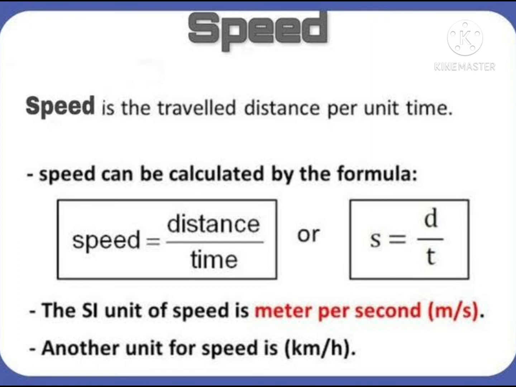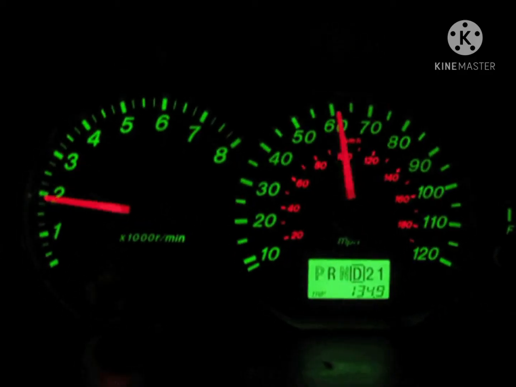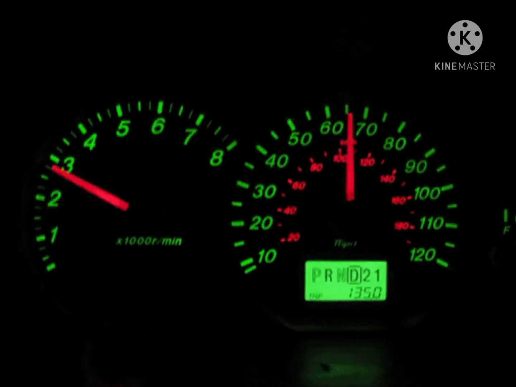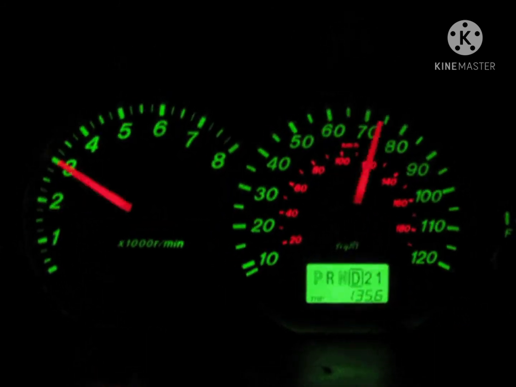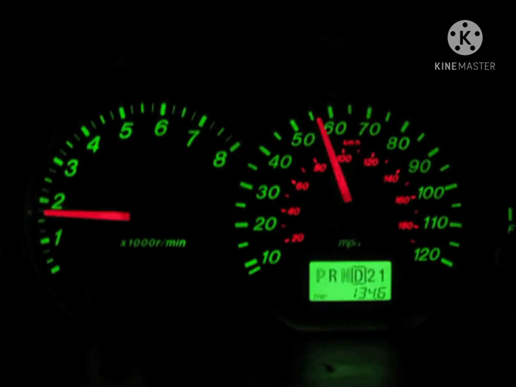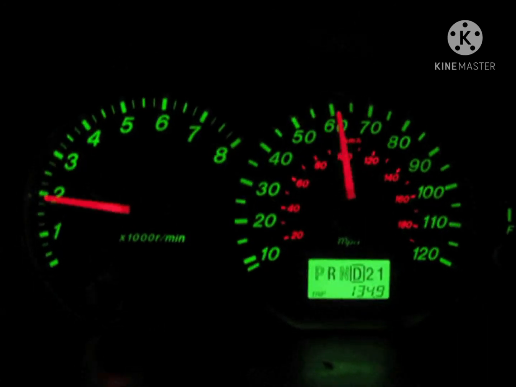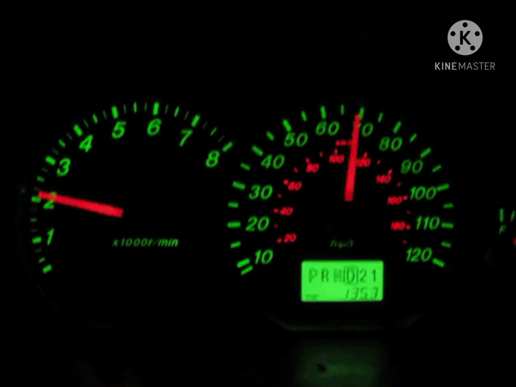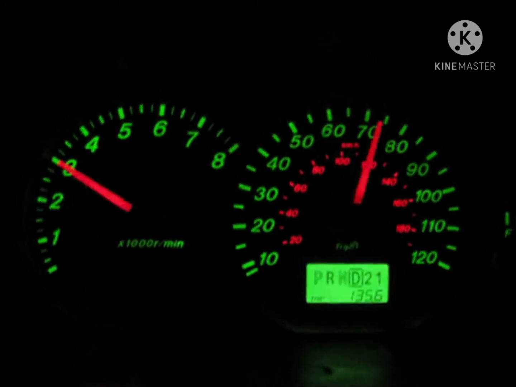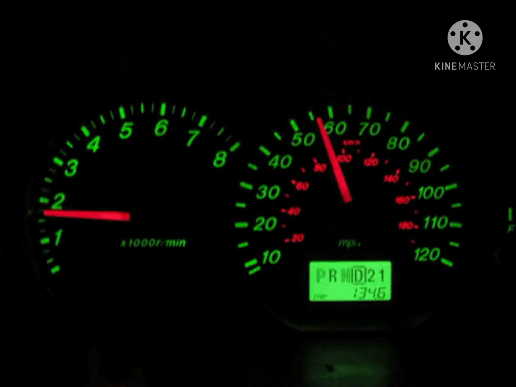Now the next topic is speedometer and odometer. Speedometer is an instrument on a vehicle's dashboard which indicates the speed of the vehicle at that instant of time in kilometers per hour. And the odometer is an instrument which shows the distance traveled by the vehicle in kilometers.